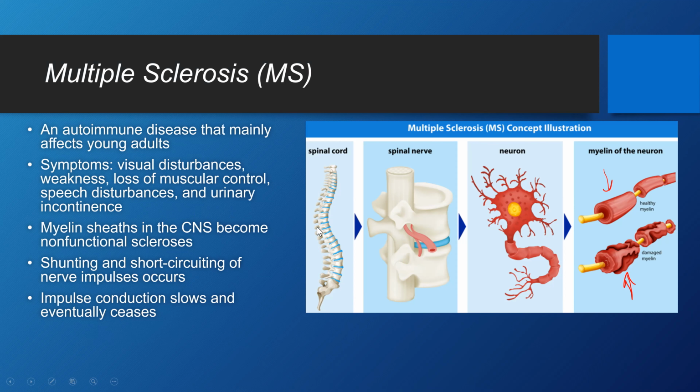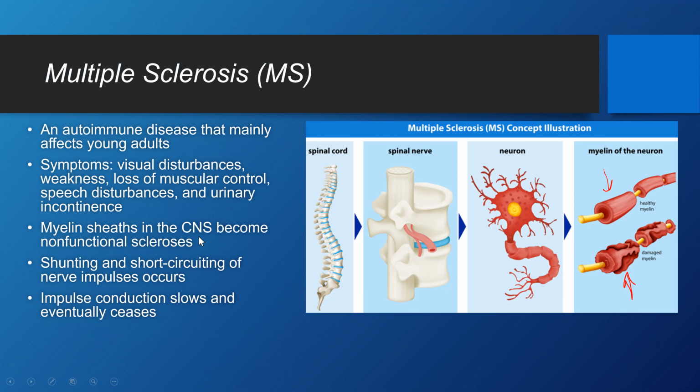So that depends where exactly you have this damage. Somebody might have different symptoms like visual disturbances, weakness, loss of muscular control, speech disturbance, urinary incontinence. All right. But the underlying cause is the same.